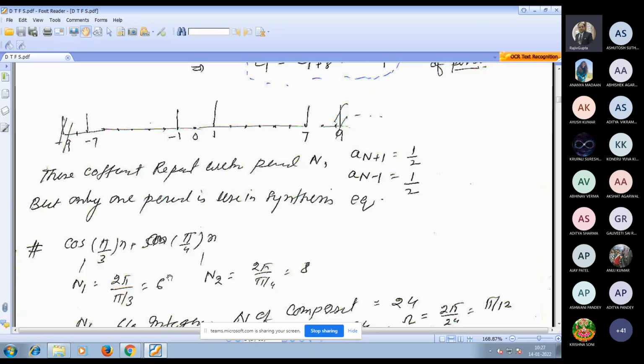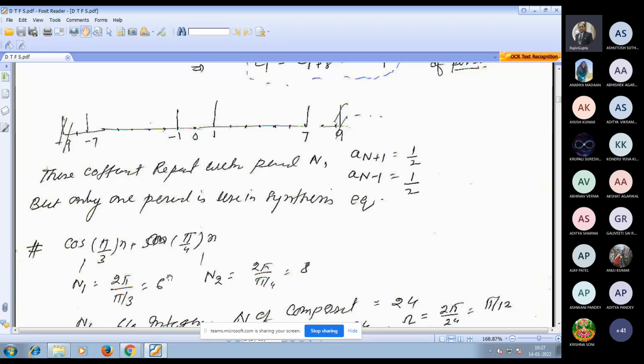It's not like that. When you write this in exponential form, first you need to understand the overall time period of the composite signal. Only then you can compare. How will you find out the overall time period of the composite signal? By taking the LCM of the individual time periods, 6 and 8.